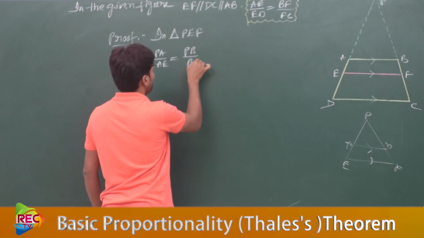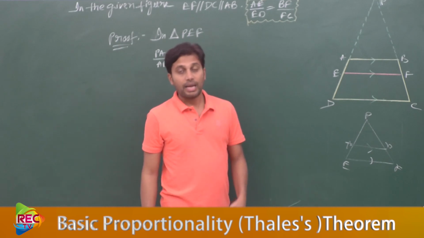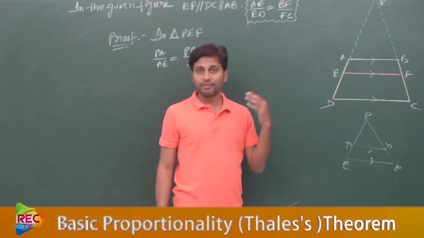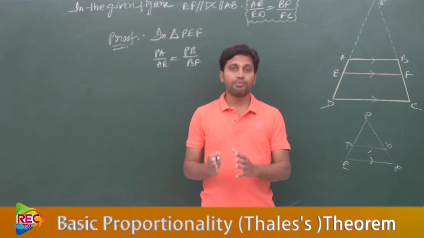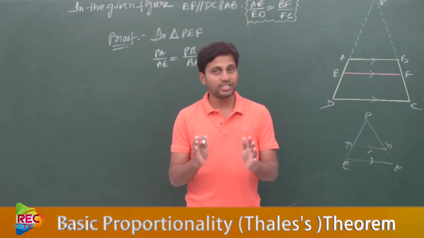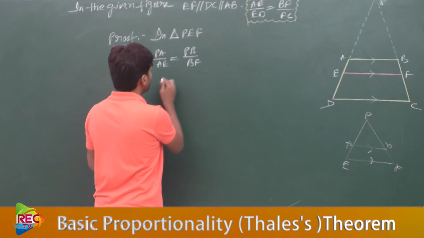For my convenience, I am going to add 1 on both sides. As I said before in classes, if you make the same change on both sides of the equality sign, it remains unchanged. So we can add 1 on both sides.